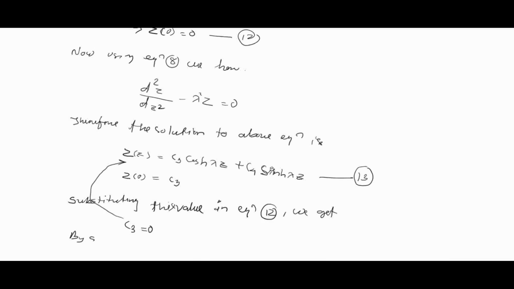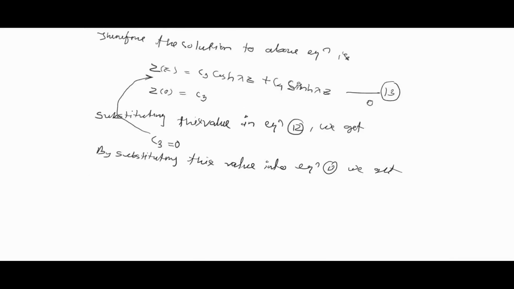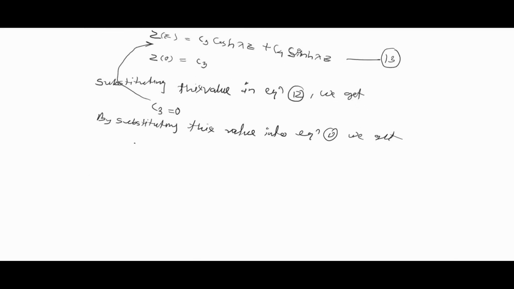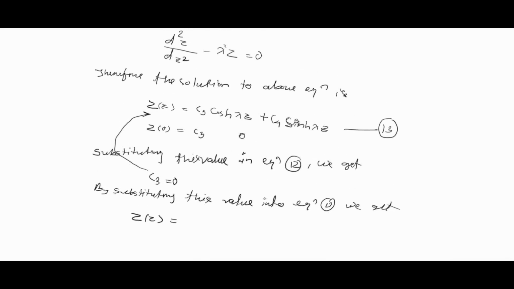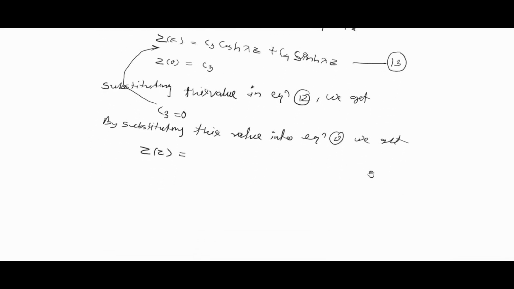By substituting this value into equation 13, we get that Z is equal to C4 sinh lambda z. We got this one. So this is equation number 14.